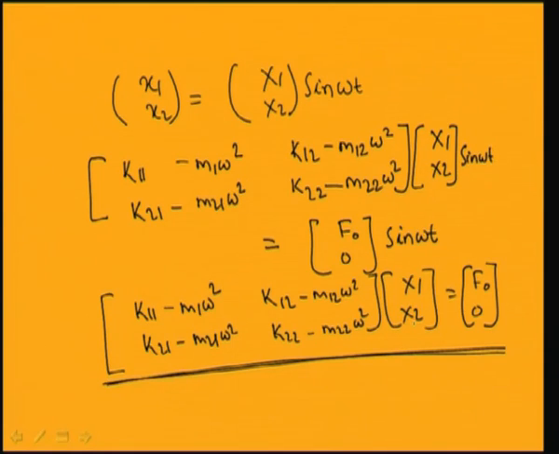So these equations will be written in terms of k11, m1, m2 and omega. Or you may use Cramer's rule to find x1 and x2. If I write this matrix as the A matrix, then x1 x2 I can also write in this form: x1 x2 will be equal to A inverse into f0 0. So in this way also you can write.